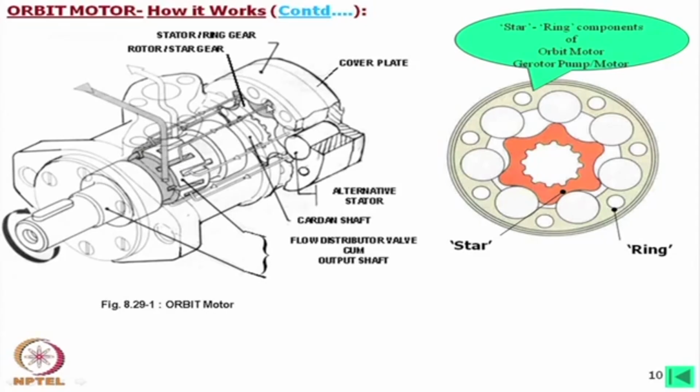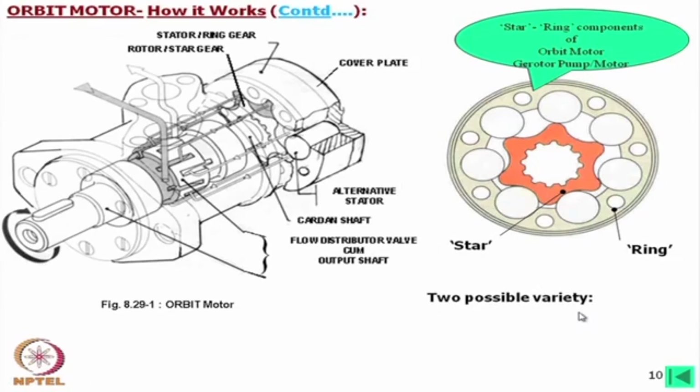The oil will go only when this is in expansion mode, and when it is in compression mode the oil will come out through this passage and go out. In this way this motor functions. Here I have shown a cylindrical lobe which also can be made integral.